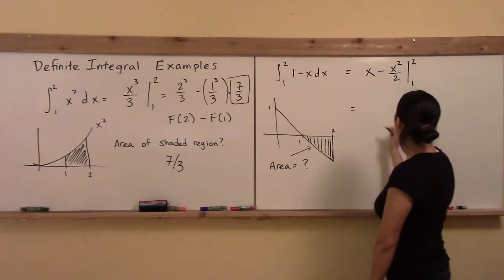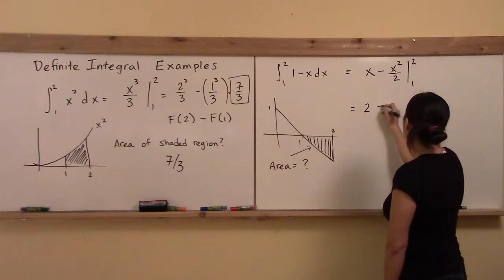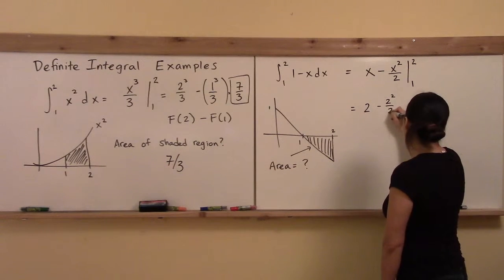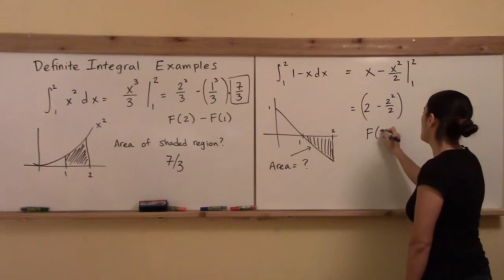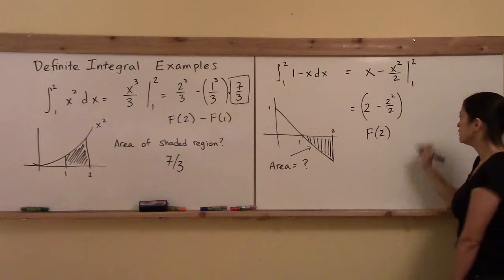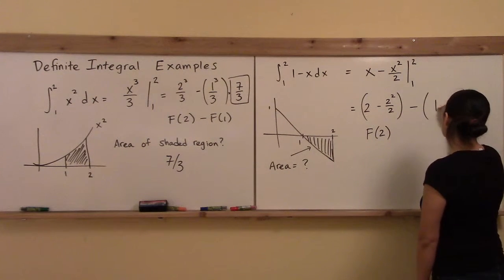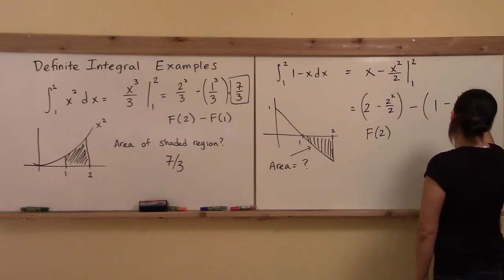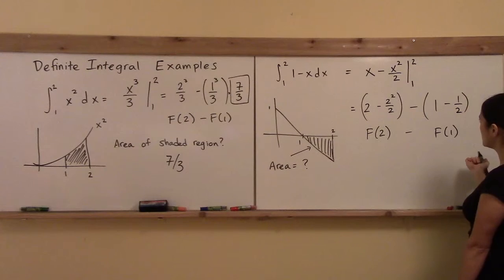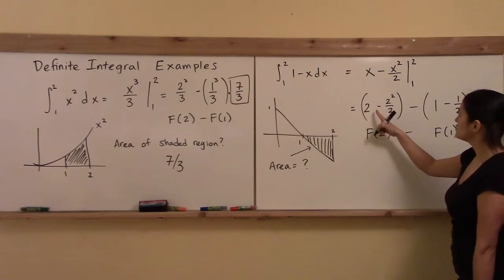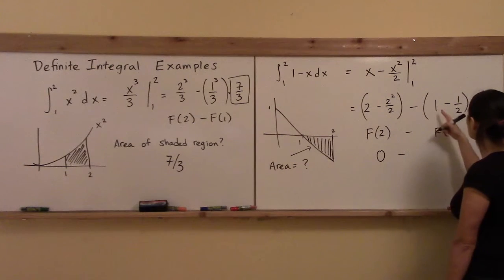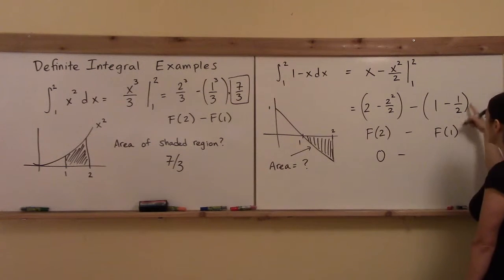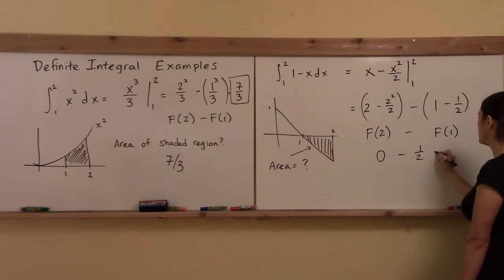Okay, so let's see what value we got there. We got 2 minus 2 squared over 2. Now that's the evaluation of capital F at the number 2. And then we're going to subtract away the evaluation at the number 1, so that's minus capital F of 1. And let's see what we get out of all of this. That's 2 minus 2, so that's 0, minus 1 minus a half, so we got a half inside there.